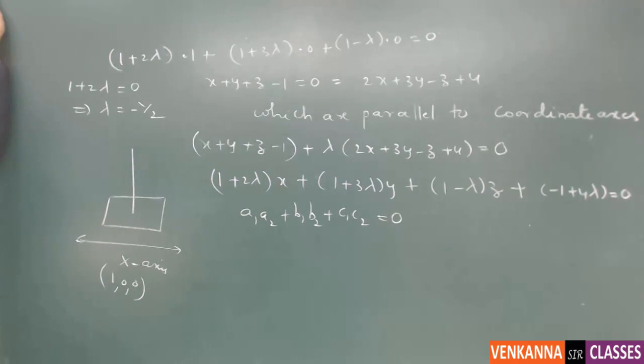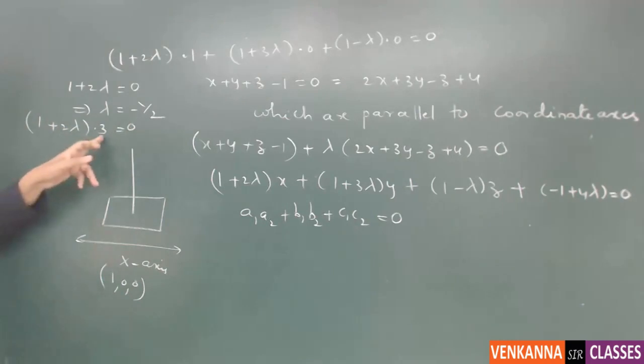But the value is fixed. Even if you take 3, 0, 0, now say (1 plus 2 lambda) into 3 is equal to 0, this factor always gets cancelled. You will get lambda equal to minus 1 by 2 as it is. Accepted?